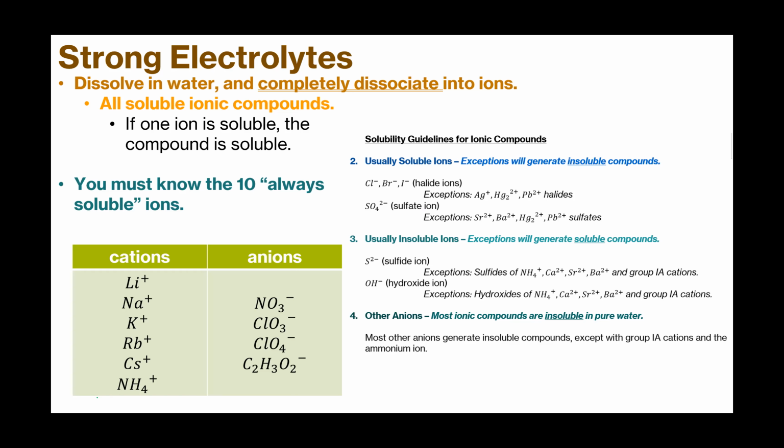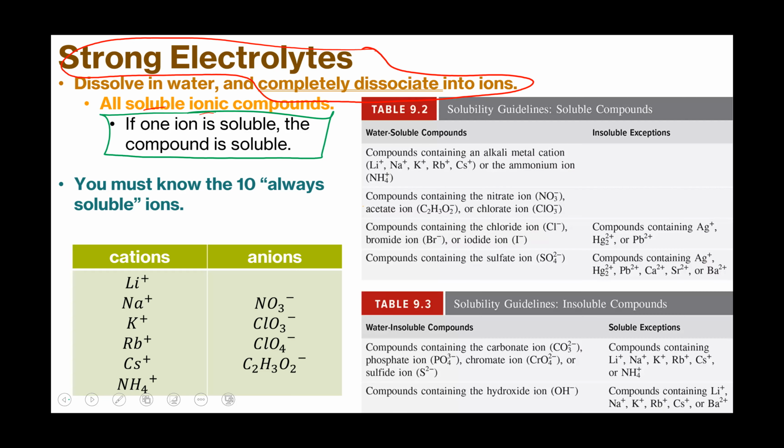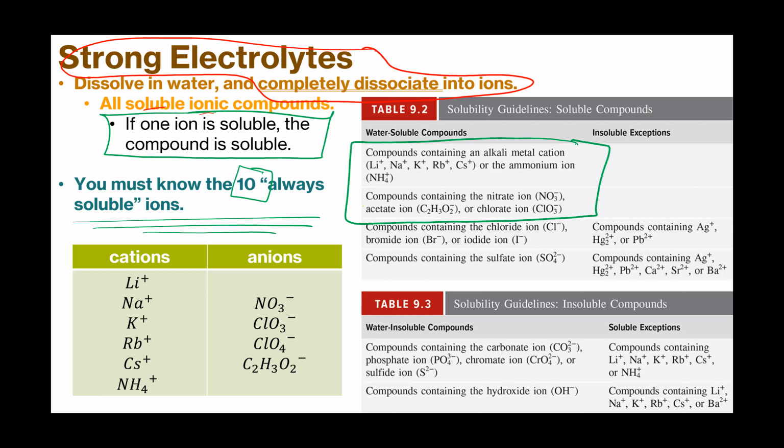So this first rule, I don't have it on this because I don't give you this rule on the exam, but the first rule is you want to know what the always-soluble ions are. There are 10 of these, and you have to know what they are. They're the same ones that are listed here in the table from our book.